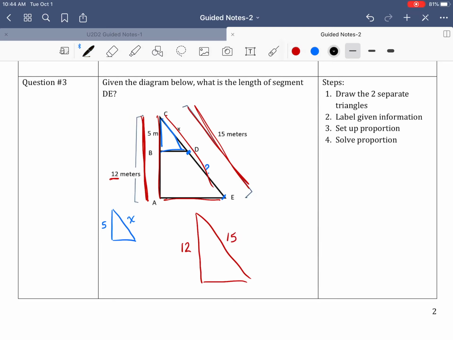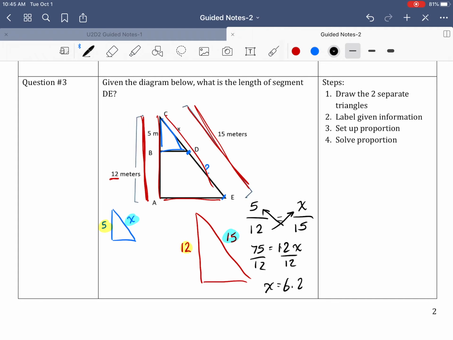So once I have that information, my corresponding sides can be used to set up a proportion, right? We can do that by doing this is equal to this. So 5 over 12 equals x over 15, and you get 75 equals 12x.